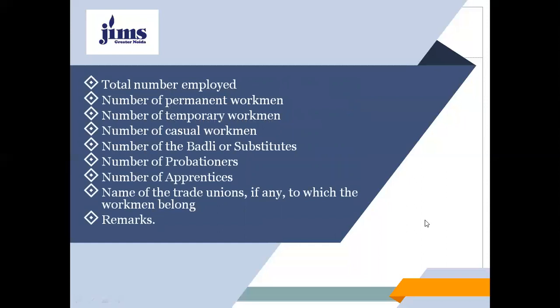The total number of workmen employed, the number of permanent workmen you have in your industrial establishment, the number of temporary workmen, the number of casual workmen, the number of badlis or substitutes, the number of probationers, the number of apprentice employees, and the name of the trade union, if there is a trade union, to which the workmen belong. That you have to mention.